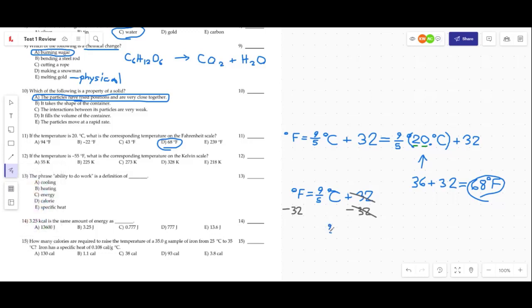That leaves the 9/5 degrees Celsius here, and this becomes degrees Fahrenheit minus 32. Now I just have to multiply both sides by the reciprocal of 9/5, so 5/9 on both sides, and that will cancel out the other one.